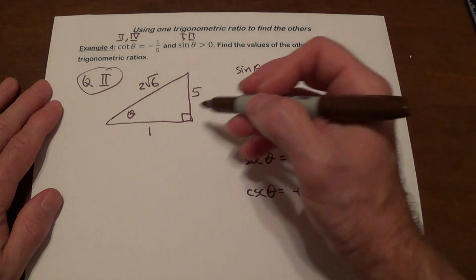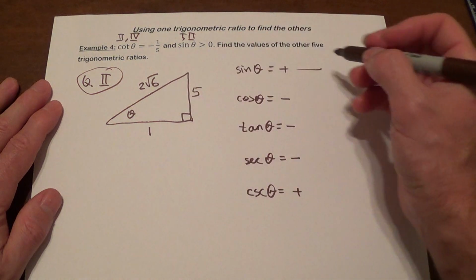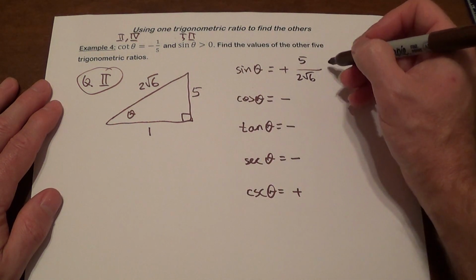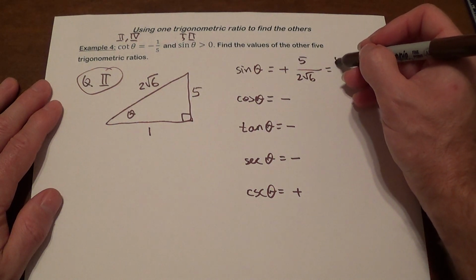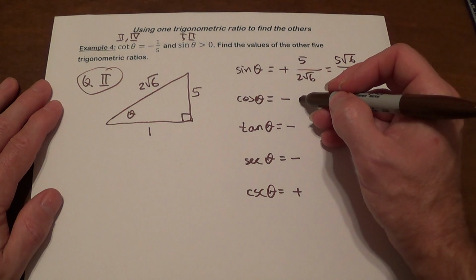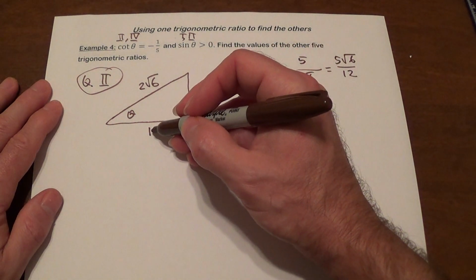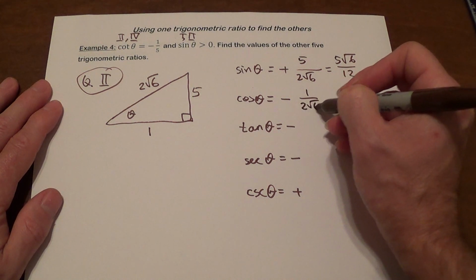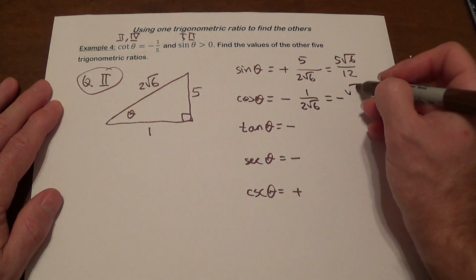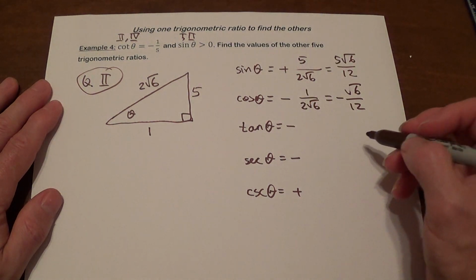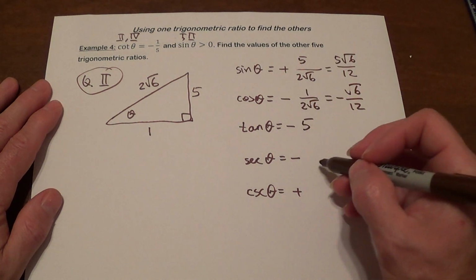For sine, it's going to be opposite over hypotenuse. So it's going to be 5 over 2 square root of 6, positive, which is going to give us 5 square root of 6 over 12. For cosine, it's going to be negative adjacent over hypotenuse, negative 1 over 2 square root of 6, which is going to be negative square root of 6 over 12. Tangent is the reciprocal of cotangent, so negative 5.